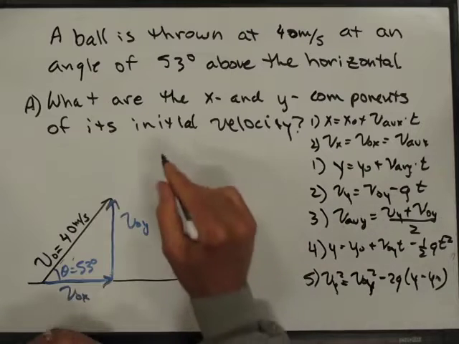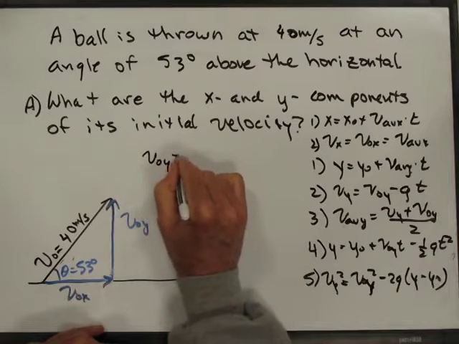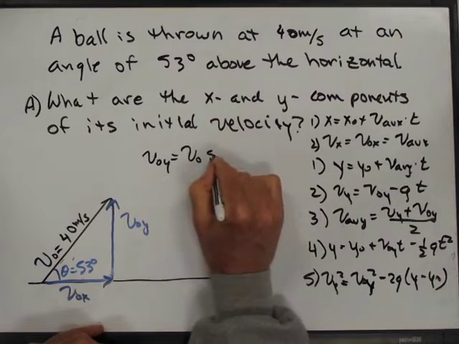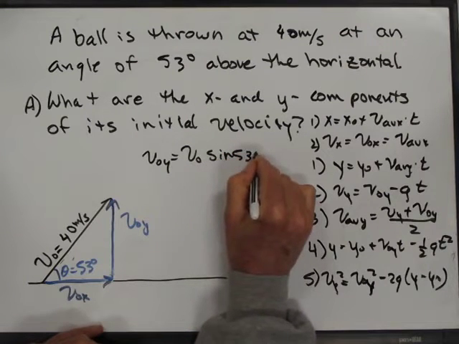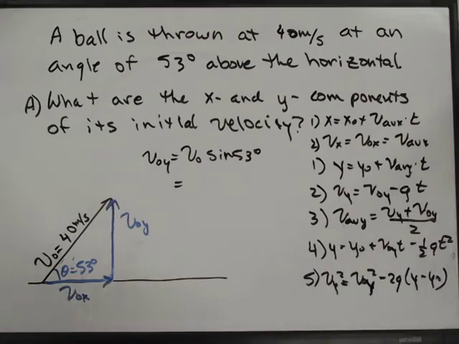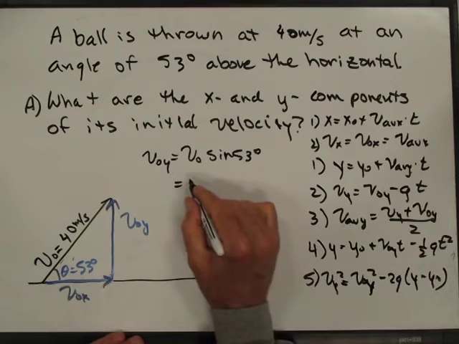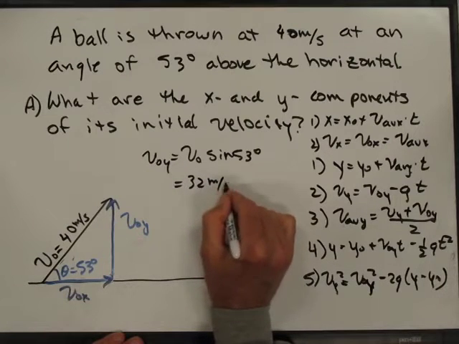V naught y is just v naught times the sine of 53 degrees. And that one's 32 meters per second.